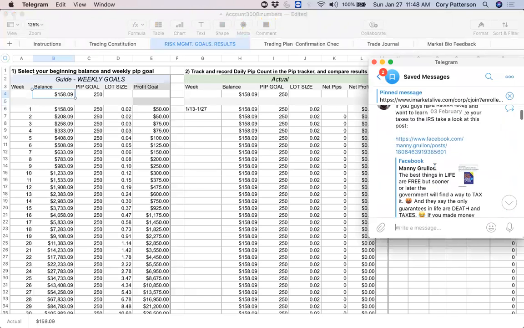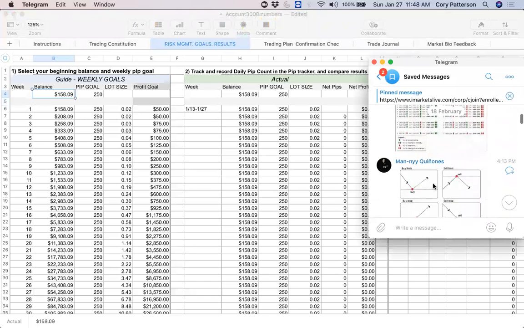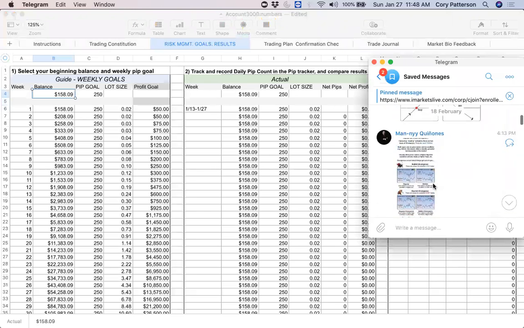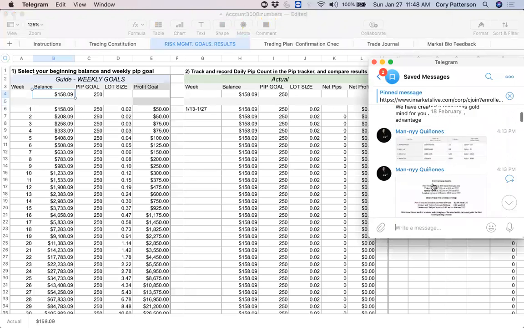A pip is a percentage point of price, and everywhere that price moves based on the lot size, it gives you a certain amount of money. So if I'm looking at one of these standard major pairs, every time you see one pip move, you're going to gain 10 cents if you're using a micro lot, and that's the lowest that I usually go.